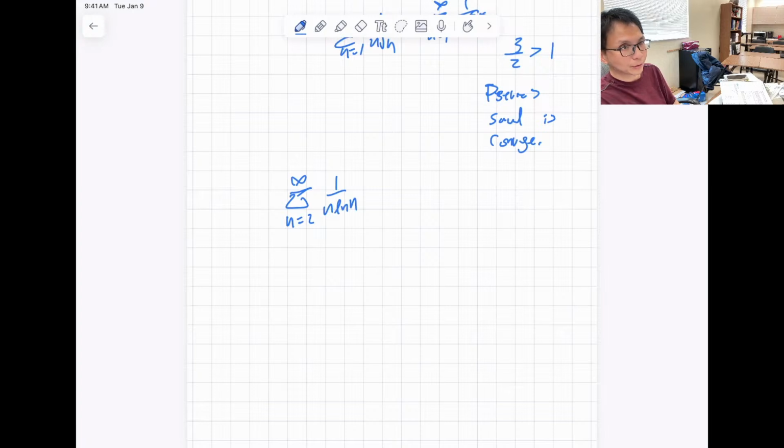And you guys should know how to do integral tests on this. It's just an improper integral. That's why we teach you improper integral beforehand.